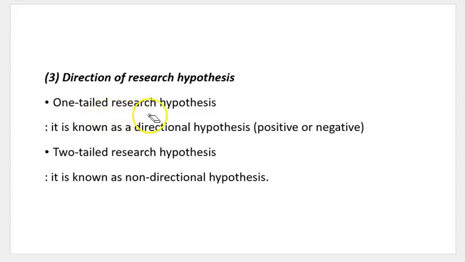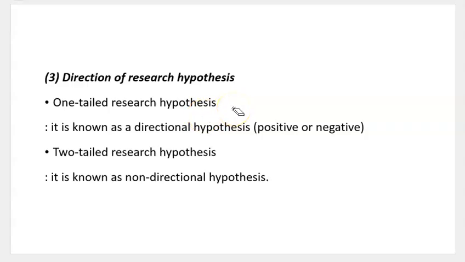When you reject, that means that your assumption was correct. So for instance, when you say that males have higher self-esteem than females, and your research result shows that male students have higher self-esteem than females, then you can say that this is significant, and you accept your alternative hypothesis and reject your null hypothesis.